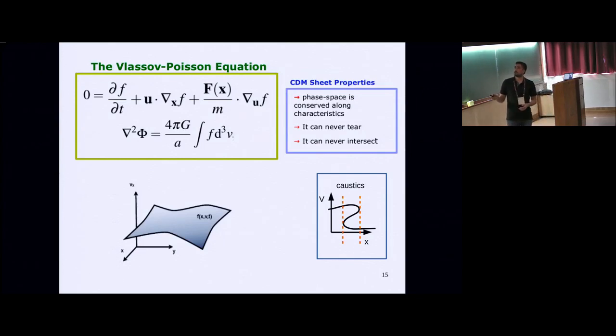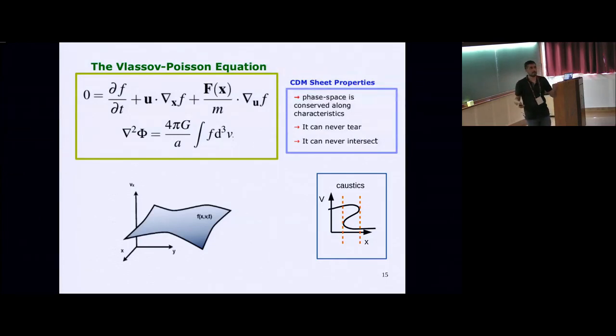Right? So there are some consequences of this equation that tell you that this distribution function has to be continuous everywhere in space. It cannot have holes. It also cannot intersect with itself. One part of the distribution function cannot cross other parts.